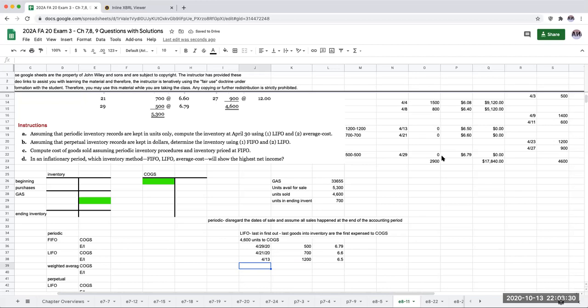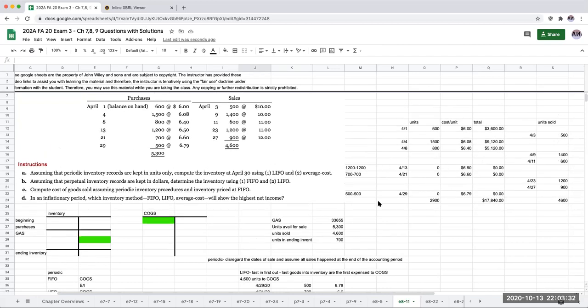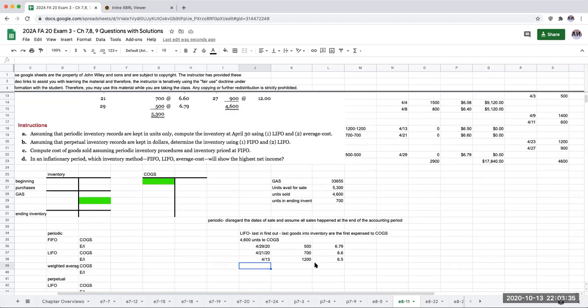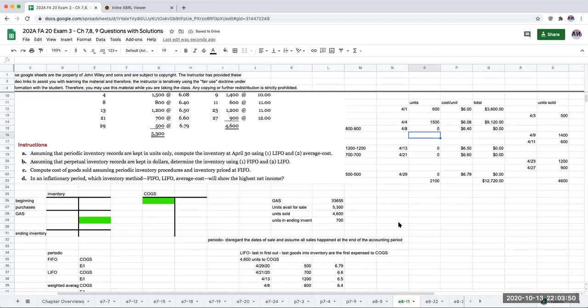So now I'm going to go to my next one. Again, this is last in, first out, so I keep on removing the layers. I'm going to go to 4.8. For 4.8, I can take 800 units at 6.40, and this is also now gone. Now I'm in a quandary because I sold 4,600 units and I had 5,300 units available for sale, so I have 700 units left.